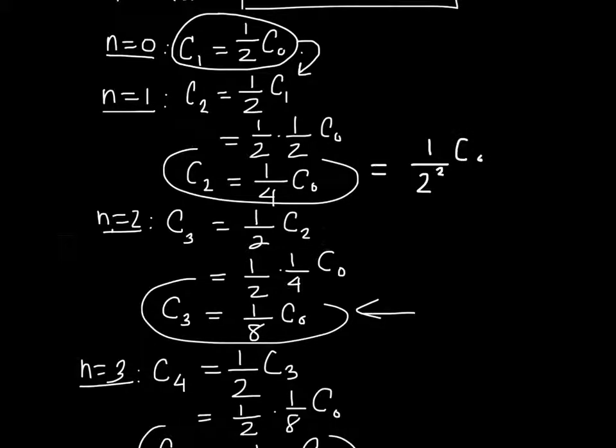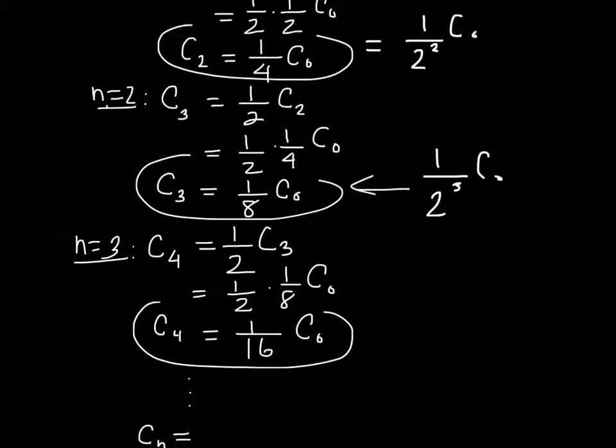C3 is 1 over 2 cubed of C naught. And then C4 is 1 over 2 to the 4th C naught. So notice it's just C naught divided by 2 to some power of n.